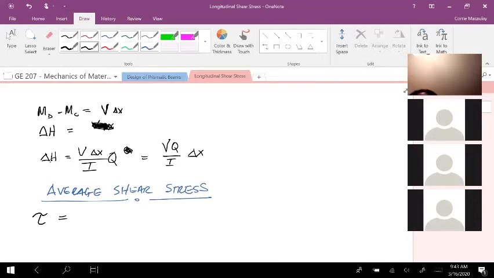What is stress? Force over area, right? So the shear stress would be shear force over area.